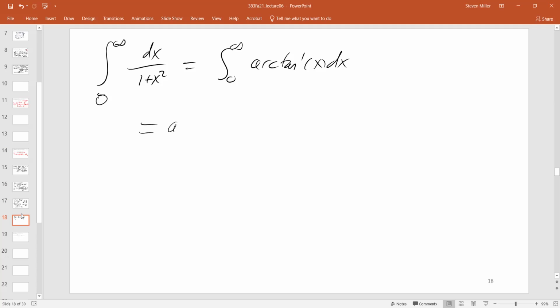Arctangent. So we get arctangent of infinity minus arctangent of 0. What angle has a tangent of 0? 0. What angle has a tangent of infinity? Pi over 2. And we're only going from 0 to infinity, that's why you have to double it.